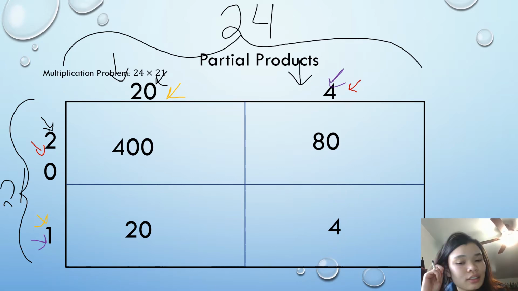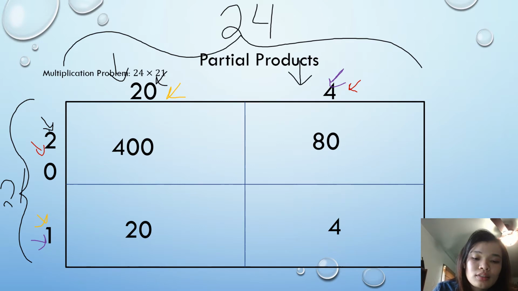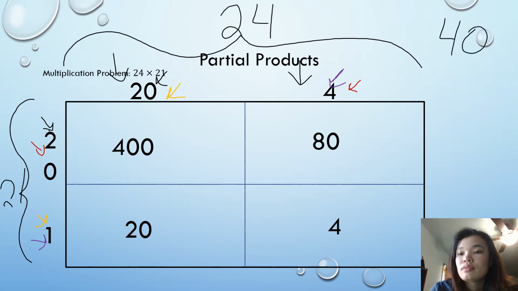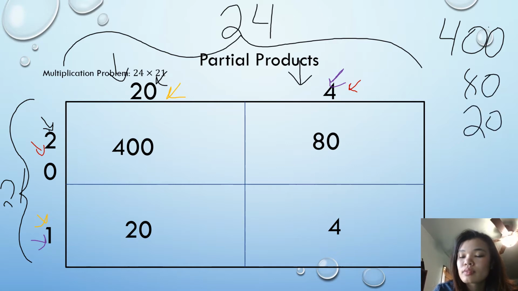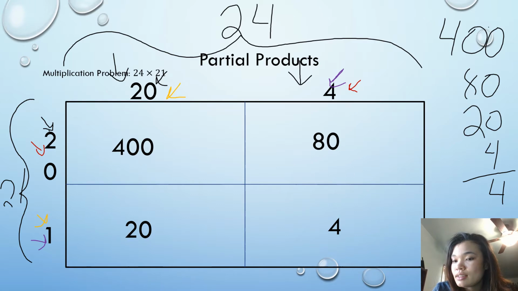So now what we're going to do is add them all together. So you're going to do 400 plus 80 plus 20 plus 4. So 4 plus a bunch of zeros is going to be 4, right? 2 plus 8 is 10.